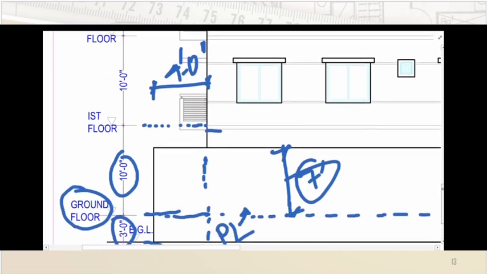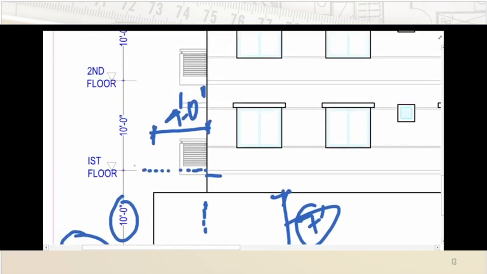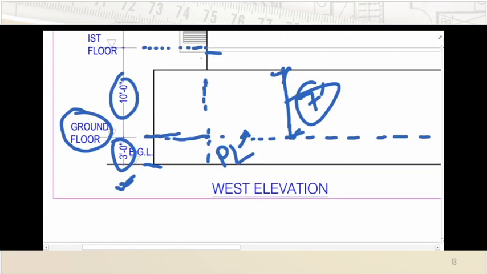If you can visualize, the same thing goes for the next floor as well. So this means the distance is from floor height to floor height, not to the ceiling. For the ground floor, this surface is your ceiling, and for the first floor, this upper portion is the floor, and the difference is nothing but the slab thickness. There is some thickness, say for example a 6-inch slab.